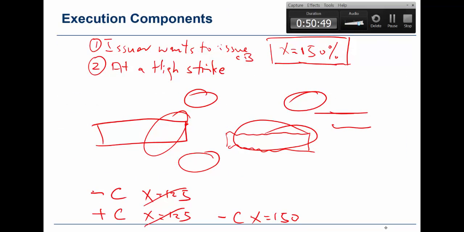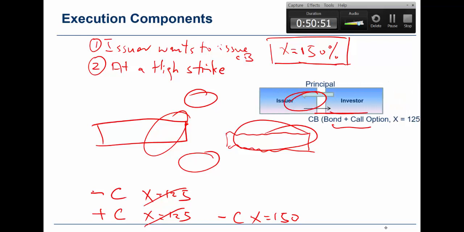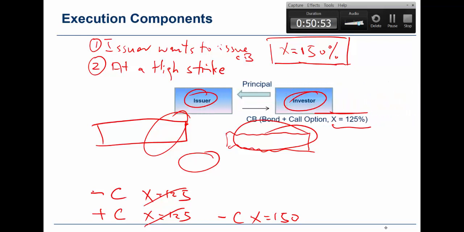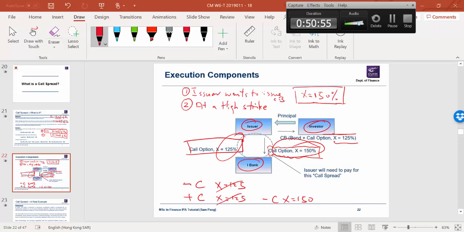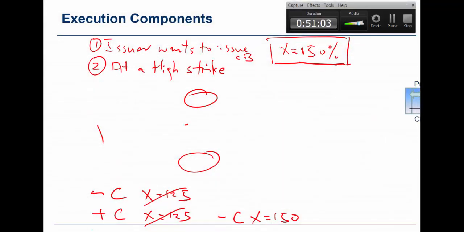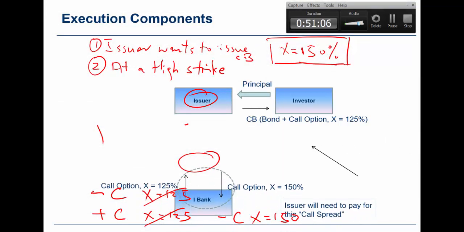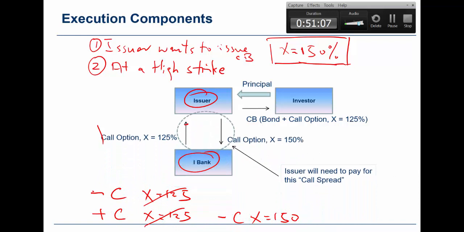Okay. So you have an issuer. Let me just wipe out all this scribbles. Okay. So you have an issuer, and they issued a CB where the conversion price might be 125.